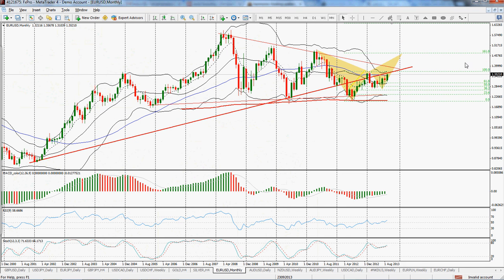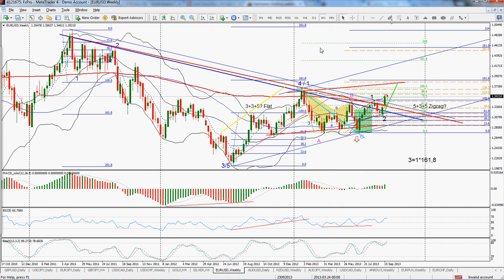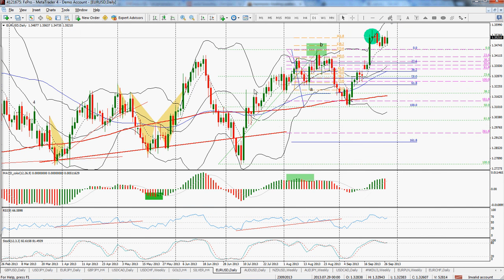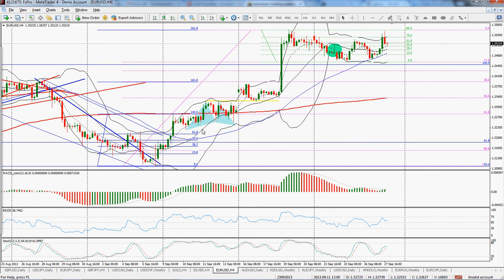Okay, and I think that should be around there. Okay, so I can either say, okay, I could even enter into a long position here, using lower time frames, if I was able to identify a nice trade setup.